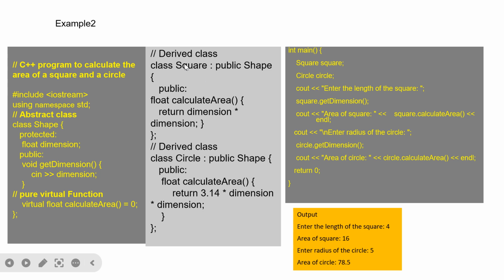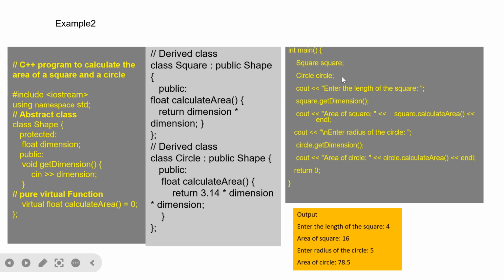So the shape class is derived by the square class. So the square class is derived from the shape class. Also circle is derived from shape. So here it has the function named float calculate area. Here also we have float calculate area.